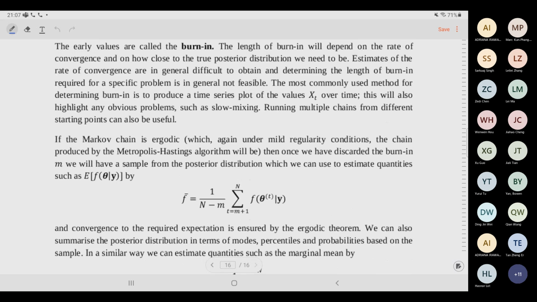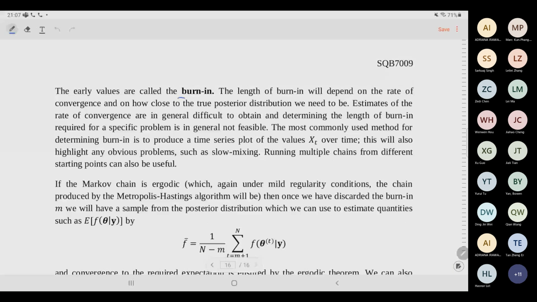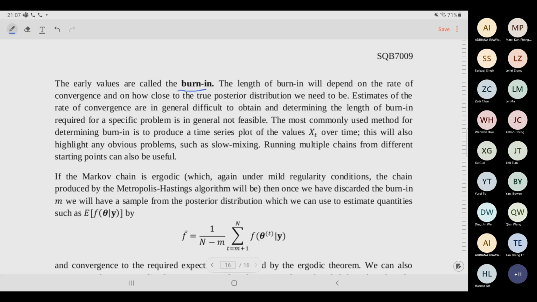This is called the burn-in. The length of the burn-in depends on the rate of convergence and how close the sample is to the true posterior. But in practice, what is the rate of convergence, and how long is the burn-in? It's actually difficult to estimate.